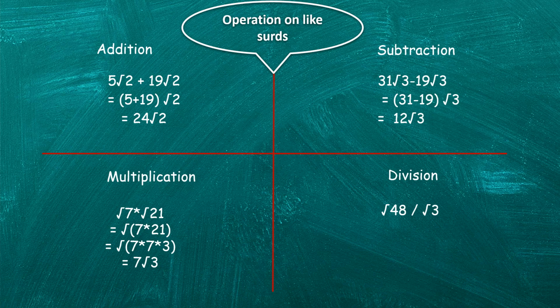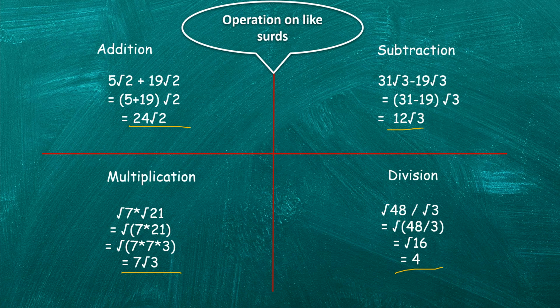Root 48 divided by root 3, what we'll get is root 16, that is 4. Here it is a rational number. So for addition and subtraction, the result must be an irrational number, as you have seen. But for multiplication and division, the result might be irrational or rational.